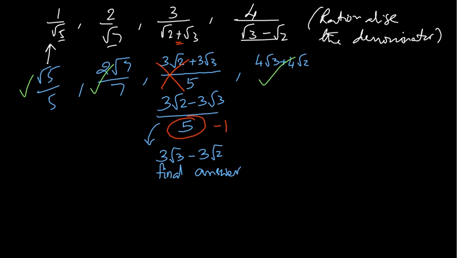So we can have both numerator and denominator with roots, so I'm giving you another set of questions. The set of questions are now root 3 plus root 2 divided by root 3 minus root 2. This is one question.